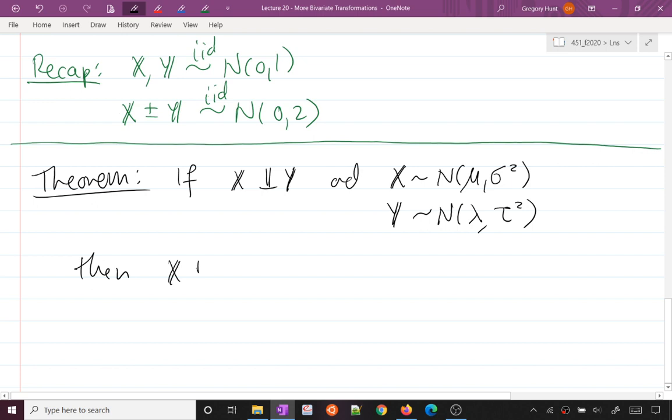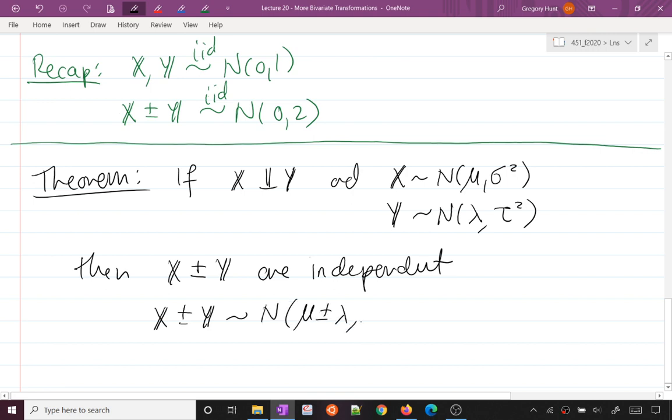I'm not going to go through and prove it, but you could think about how you would modify the previous example to prove this. That x plus y and x minus y are independent, and x plus or minus y are distributed as normal mu plus or minus lambda, sigma squared plus tau squared.